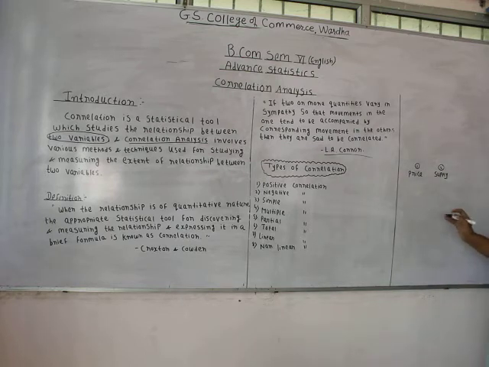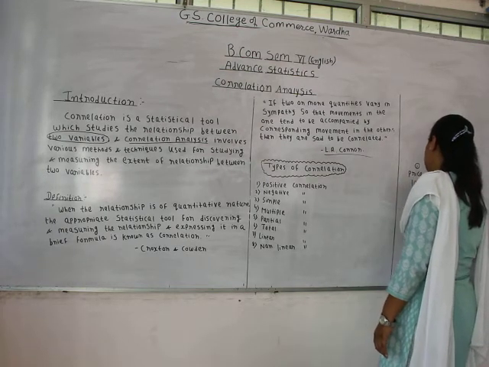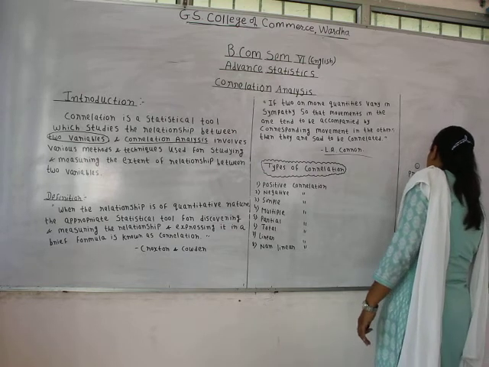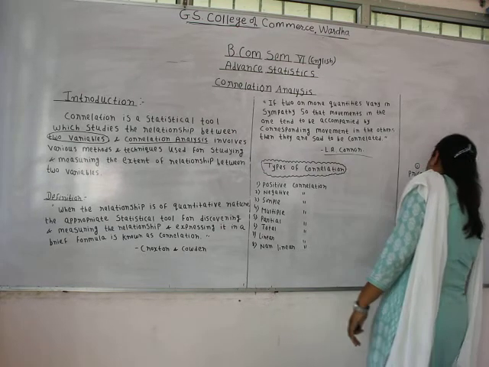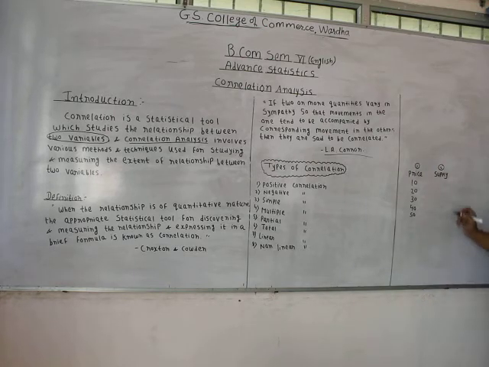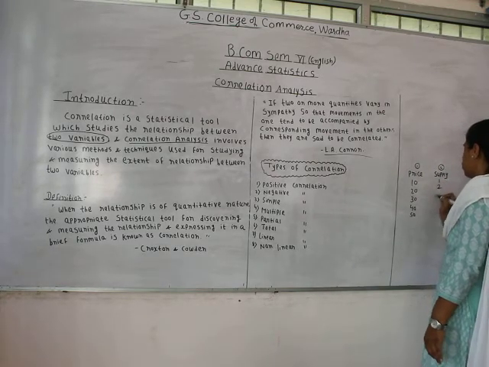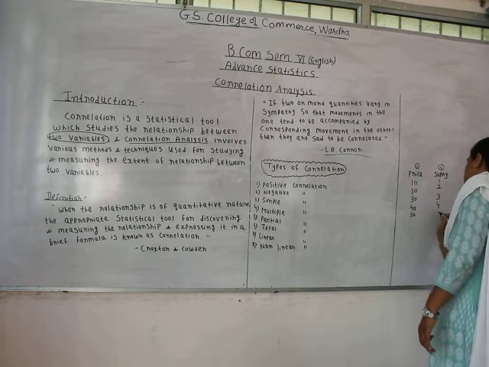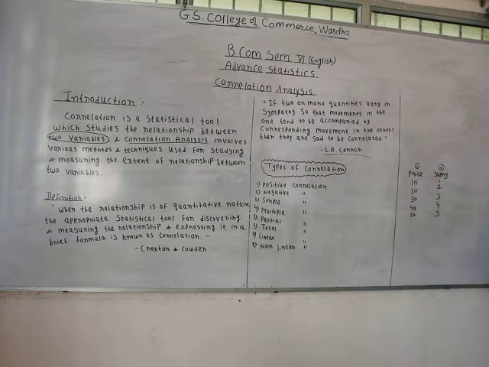Now we will say that price is 10, 20, 30, 40 and 50, and we will consider that supply is 1 unit, 2 units, 3 units, 4 units and 5 units. Here you can observe, when the price is 10 rupees, the quantity supplied is 1 unit. When the price increases from 10 to 20, the quantity supplied also increases from 1 to 2.